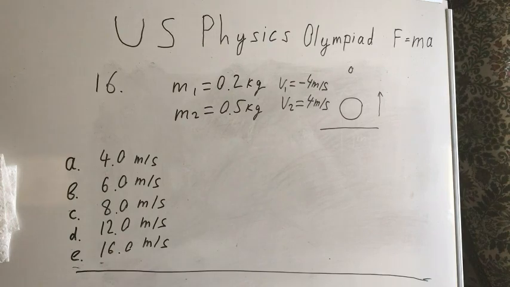After the collision, the baseball moves upward as shown in the picture, and the basketball is instantaneously at rest right after the collision. The mass of the baseball is 0.2 kilogram and the mass of the basketball is 0.5 kilogram.